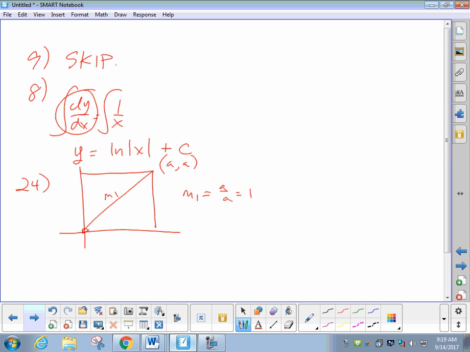What is slope 2, given that this is (a, 0)? Negative 1, rather. Sorry, negative 1. What does this indicate? If these slopes are related in that way, that indicates that the slopes are negative reciprocals of each other, and so perpendicular slopes, yeah? That implies that the diagonals of a square are perpendicular.